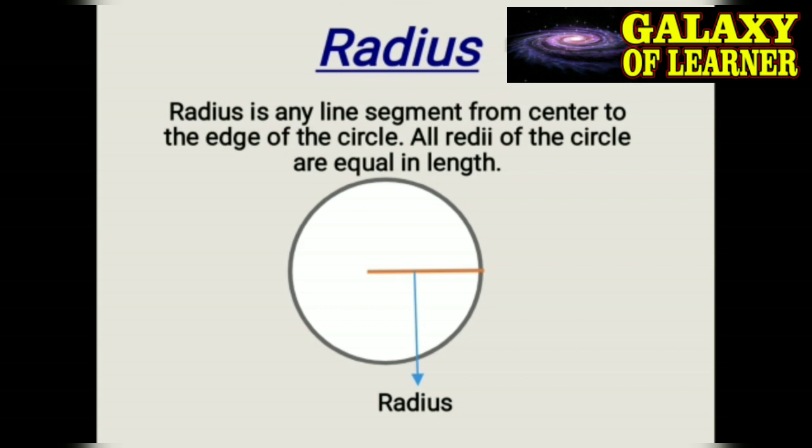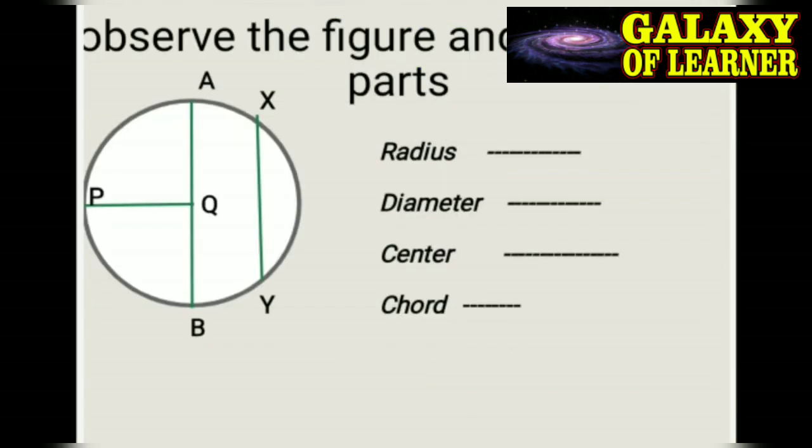So children, what do you mean by radius? Radius is any line segment from center to the edge of the circle. Understood?